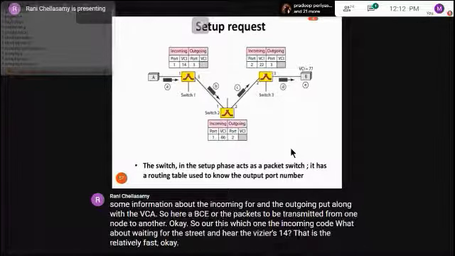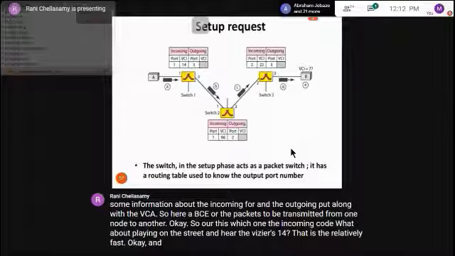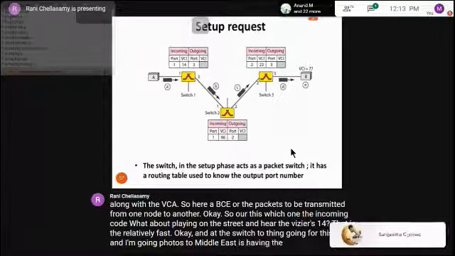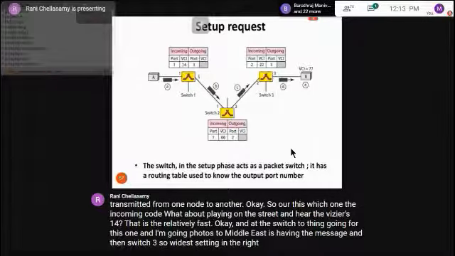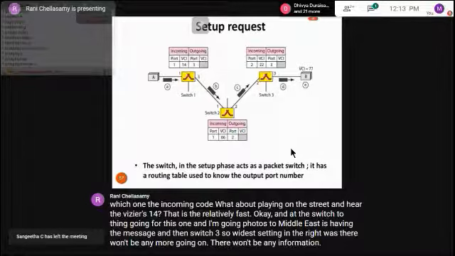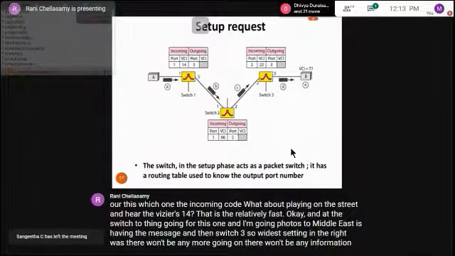Okay, at switch 2, the incoming port is 1 and the outgoing port is 2, with the VCI for the message being 66. Okay. And then switch 3. So while setting up the request, there won't be any information at the outgoing VCI.